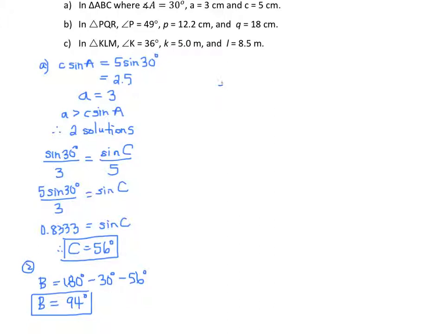Our third step will be to use the sine law. So we'll have B over sine 94 degrees on one side, and we'll use A and sine A on the other, so 3 over sine 30. Multiply both sides by sine 94.